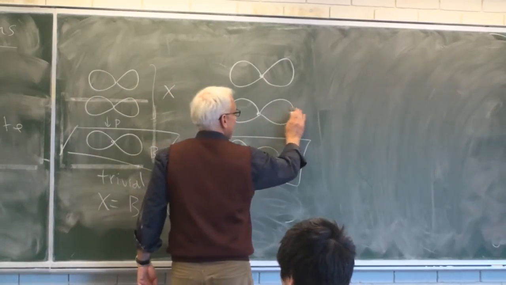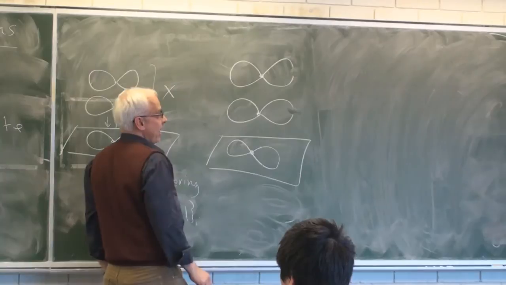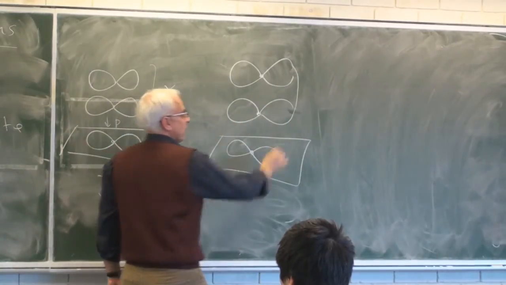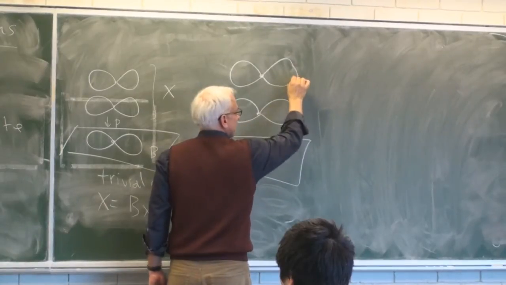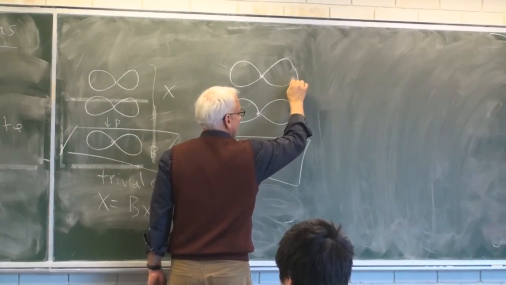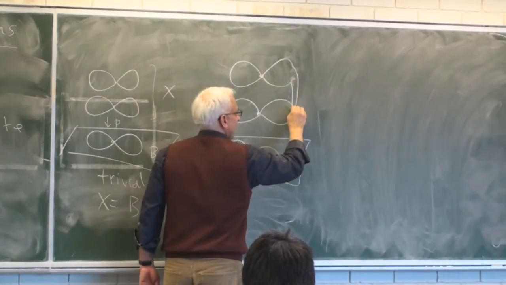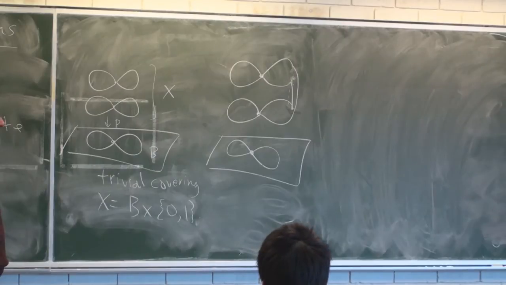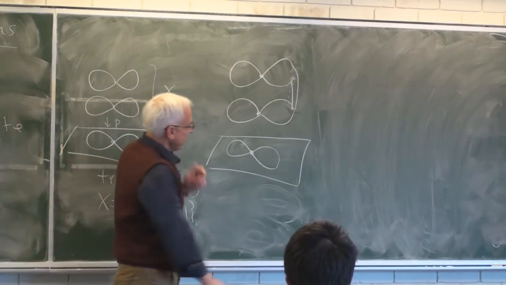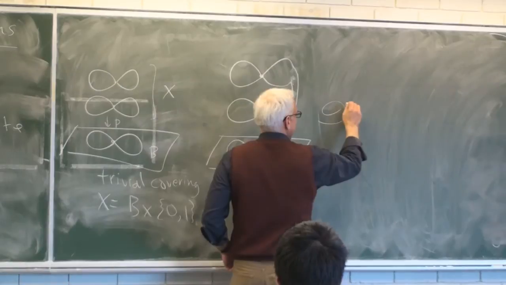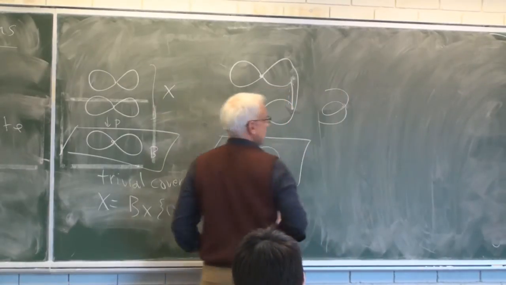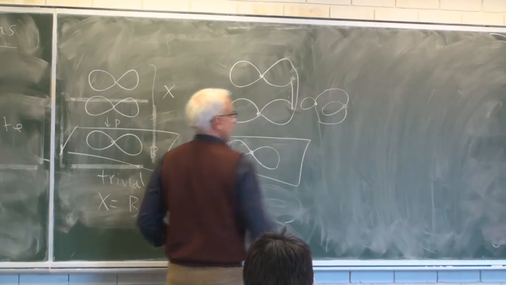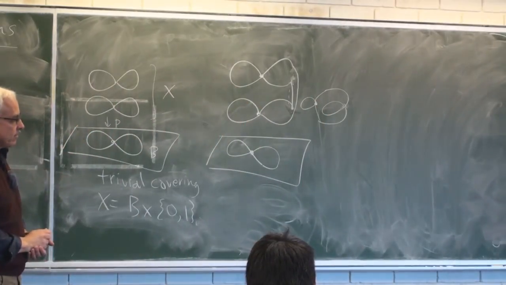Well, we could cut the circles, glue this one to that one there, and glue this one to that one there. Maybe it's not so easy to do. Maybe I'll just come straight down. So what we end up with is a helical situation for one of them, and the loop on the other.